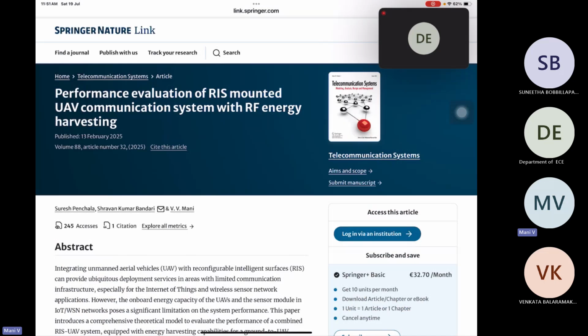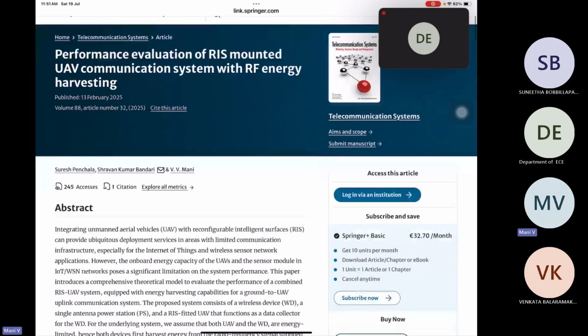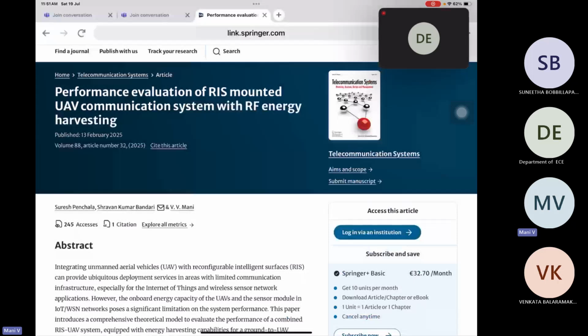We made our own IRS module, designed a control circuit and antenna unit cells, and made it for fabrication. Now we are testing in real time how the system performance increases with the addition of a reconfigurable intelligent surface.